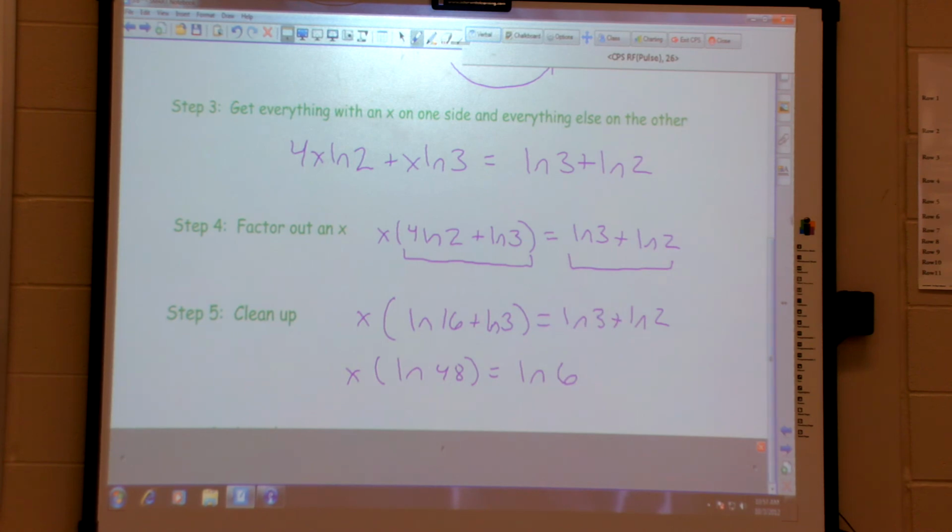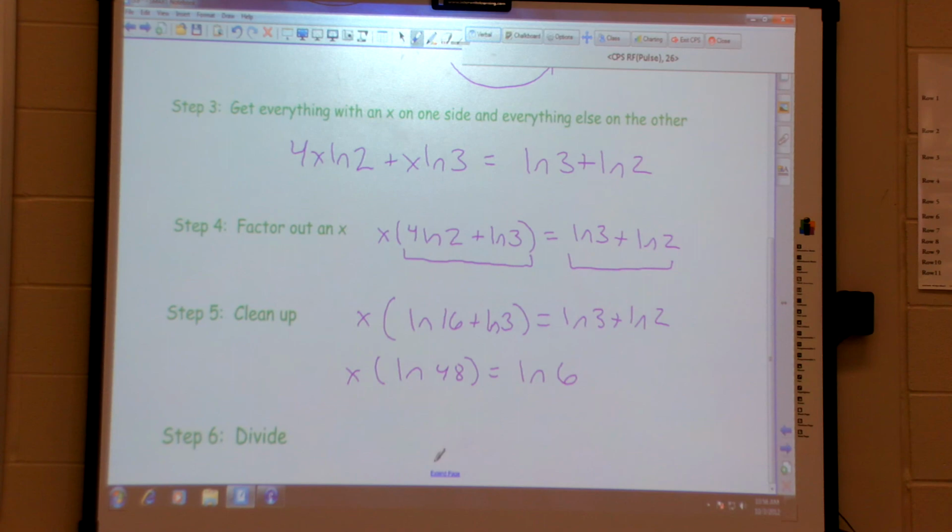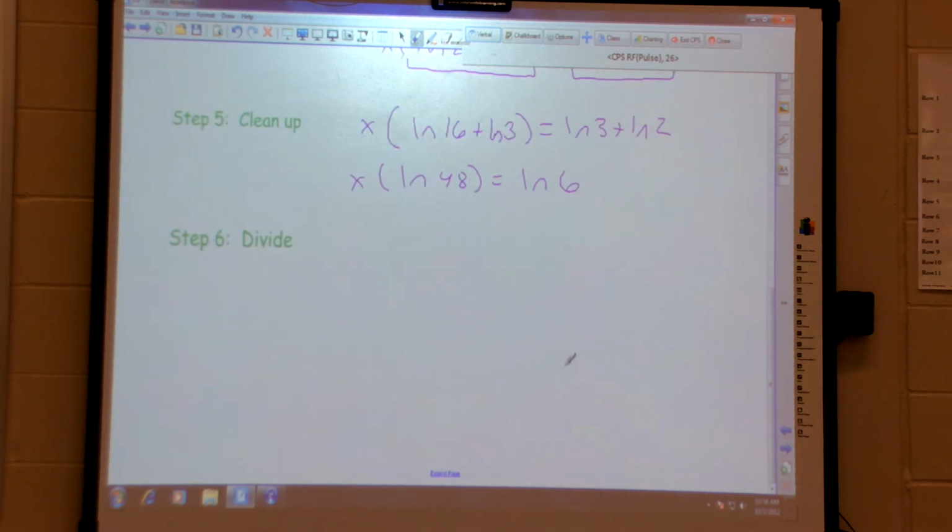But let me bring you back to middle school, and you had 3x equals 5. What did you do to solve that? You divided both sides by 3, correct? Now I have something similar. I have x times this. So to get rid of that, divide. I'm dividing both sides by that natural log of 48.